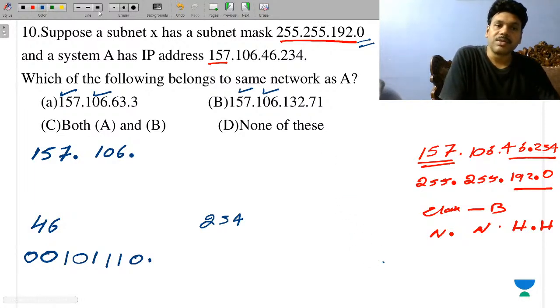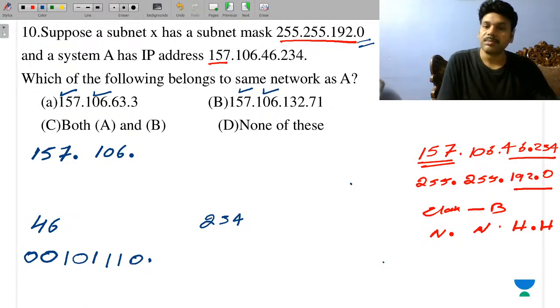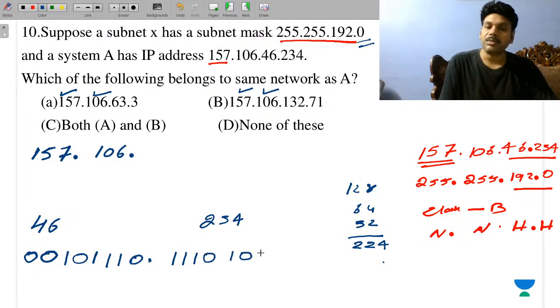So my dear friends, 128 is on and 64 is on, 32 is on. Up to here you got 224. That means 3 bits on, and we want 10. 10 means what? 1010. Right? Now you see how many bits are subnetted in this.